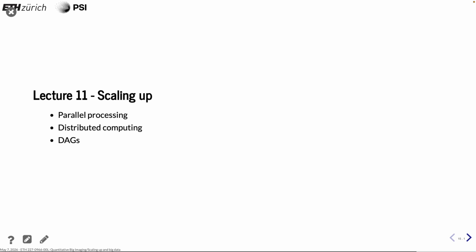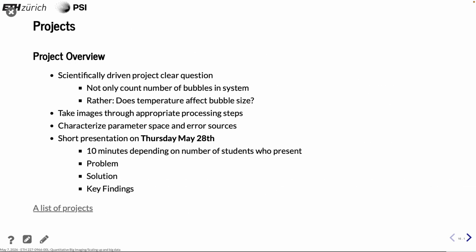Then I came to today's lecture, which is about scaling up, where we talked about parallel processing, distributed computing, and DAGs. And the last part was the project, which some of you have started.